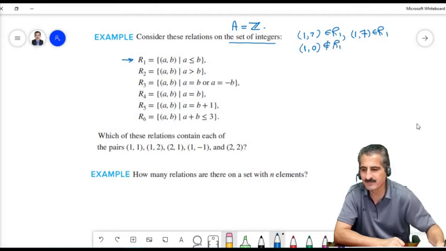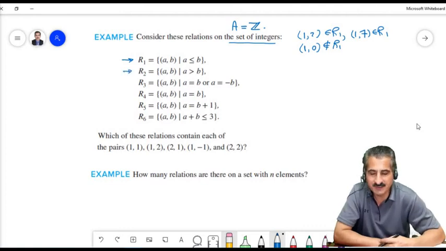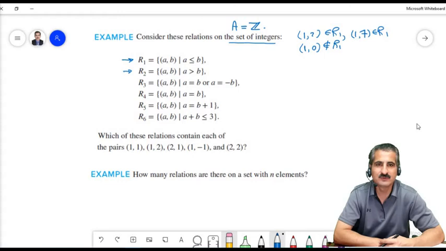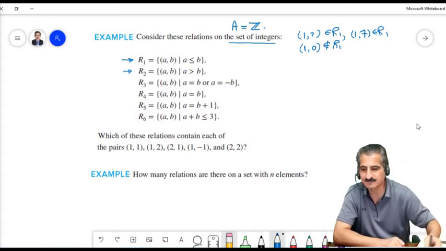R2 says a is related to b if a is greater than b. R3 says a is related to b if a equals b or a equals negative b, which means two integers are related if they have the same absolute value.